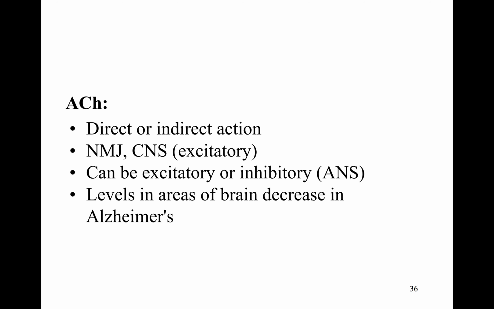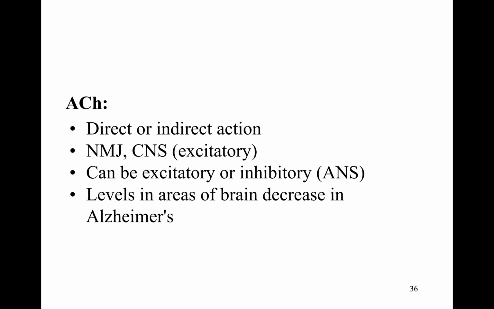Acetylcholine can also be excitatory or inhibitory. At the neuromuscular junction and in the central nervous system, acetylcholine is excitatory. So it's trying to bring that postsynaptic membrane closer to threshold so that an action potential can be generated.